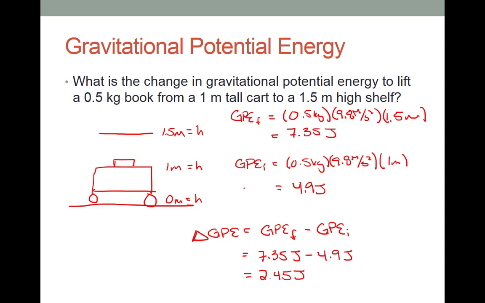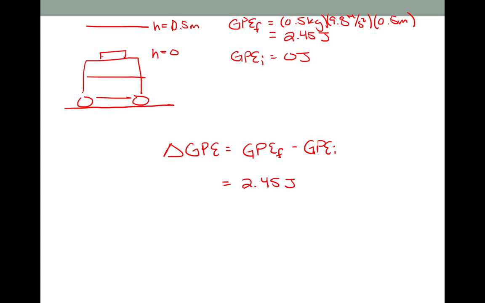Here it's at 4.9 joules of energy because I put h equals 0 in a different spot. No matter where I put that h equals 0 spot, no matter where I put my gravitational potential energy equal to 0, for the same motion, I get the same change in gravitational potential energy, meaning that you are free to put your 0 for gravitational potential energy wherever is most convenient for the problem.